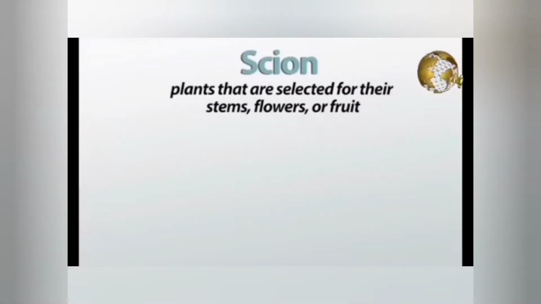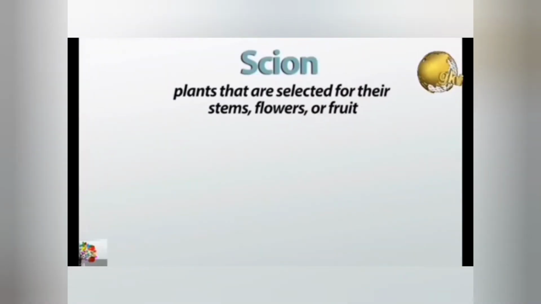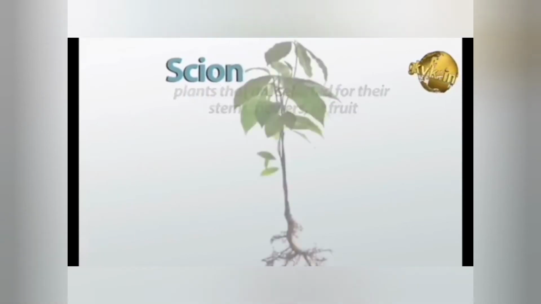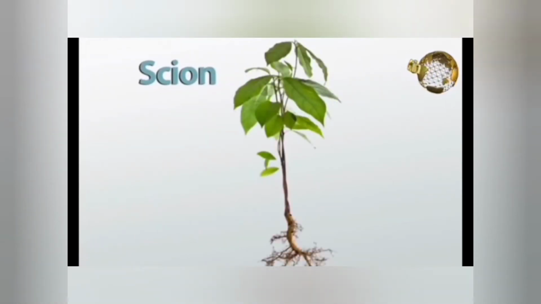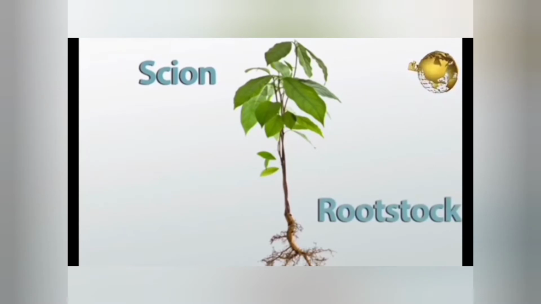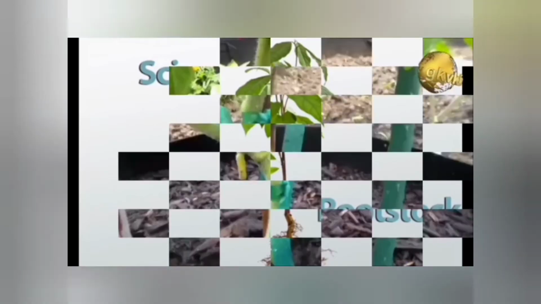The upper part of the combined plant is called the scion, while the lower part is called the rootstock. The grafting technique is most commonly used in asexual propagation of commercially grown plants for the horticultural and agricultural business.